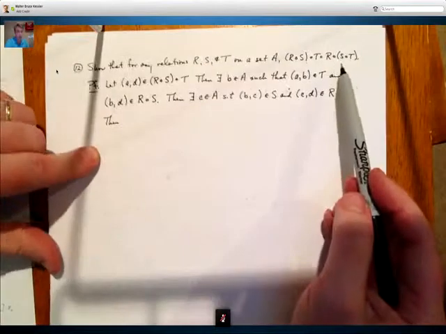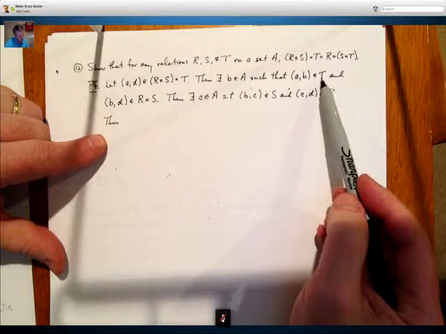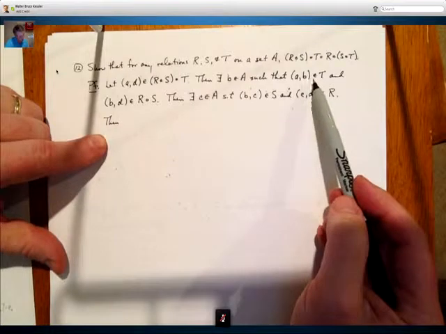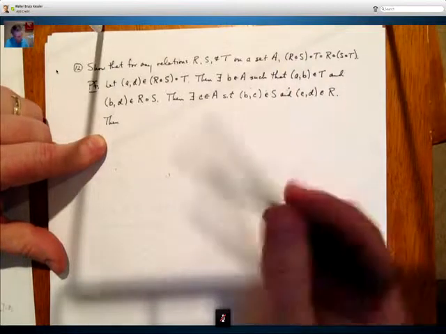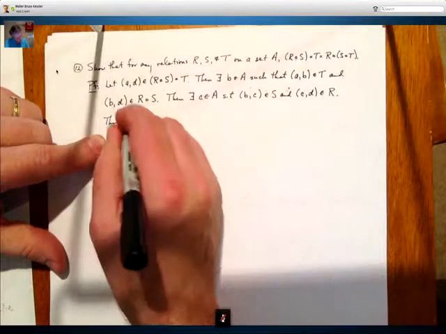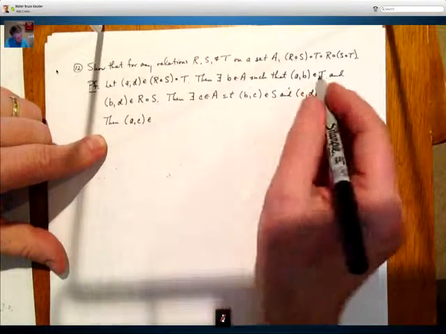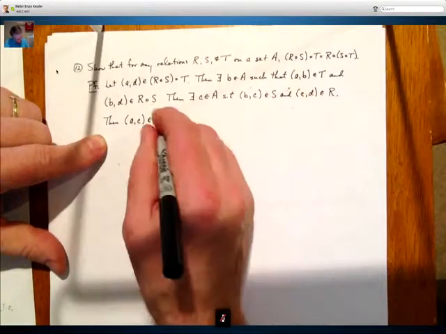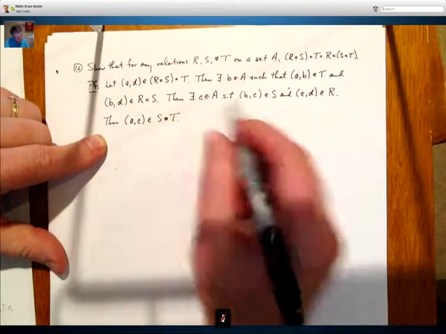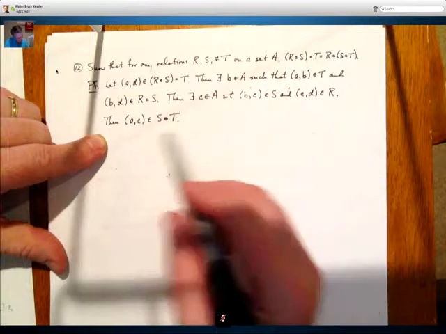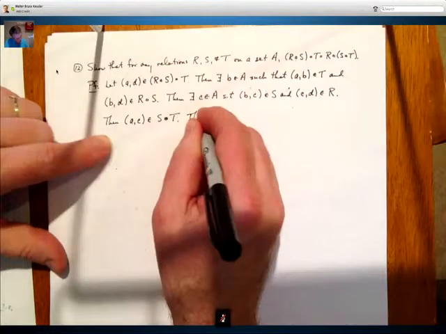So what does that tell me? Well, look what I'm trying to build over here. S composed with T. Let's look at something in T that's connected with S. I go from A to B in T, and then in S I go from B to C. Then AC is in S composed with T. And then when I look at R, C is my connector from AD.